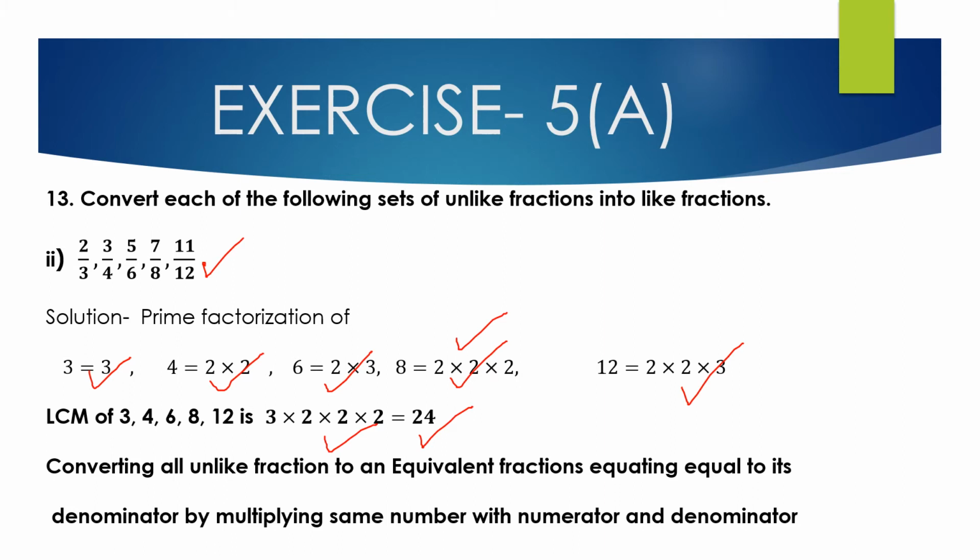Now convert these unlike fractions to equivalent fractions, making the denominator equal to the LCM of the denominators, by multiplying the same number with the numerator and denominator.